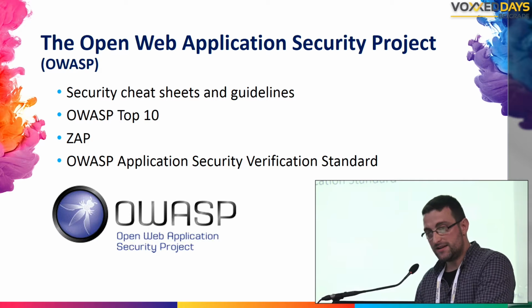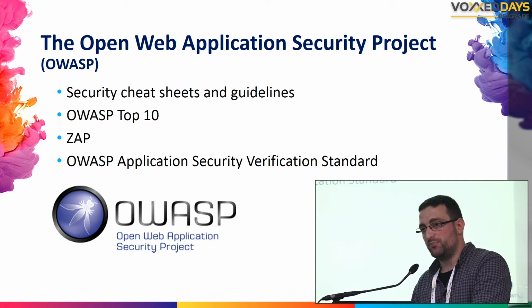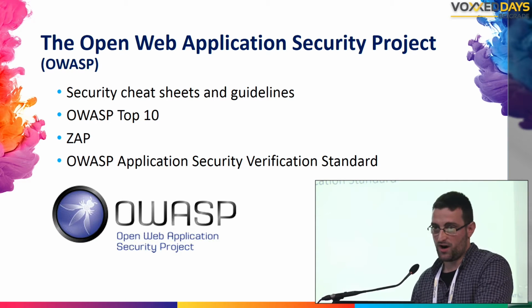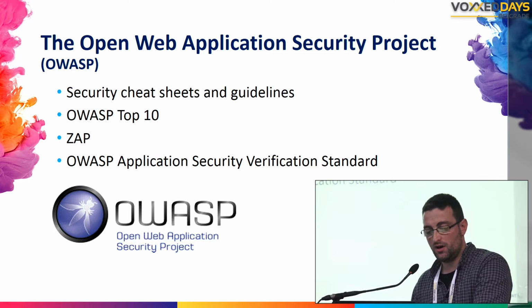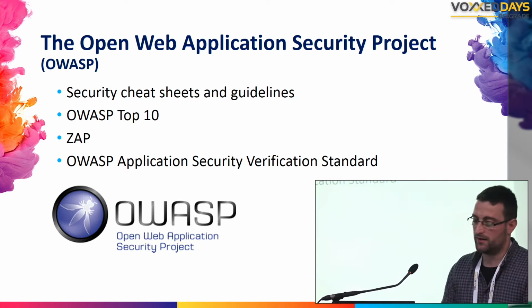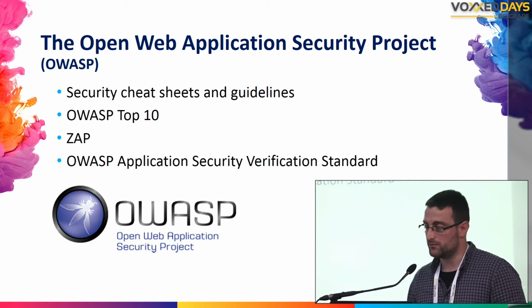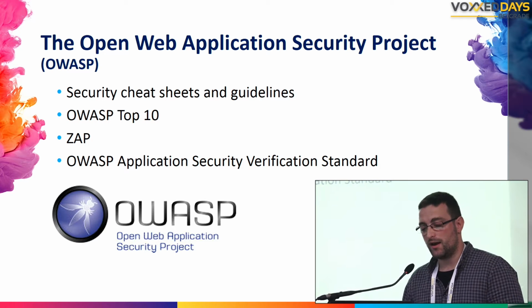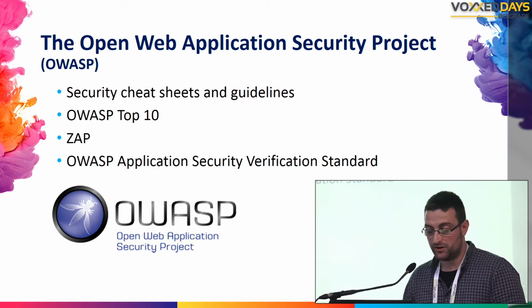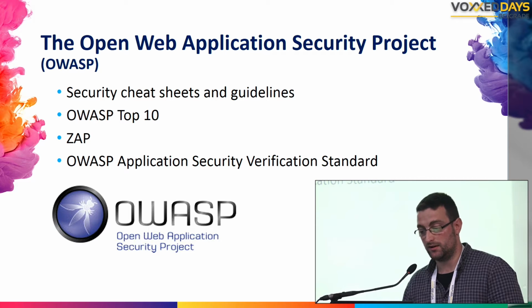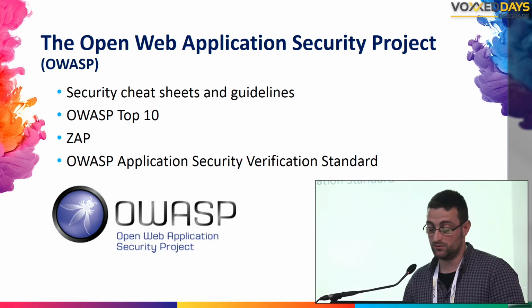The next thing on the list is ZAP, which is basically a proxy, Zed Attack Proxy in this case. This is an abbreviation. It's a simple proxy that intercepts your requests from a browser, and you can alter them in any way you like and send them to the server.